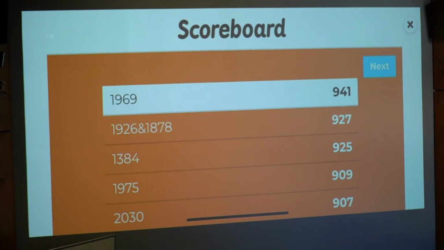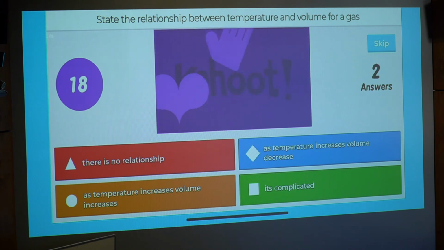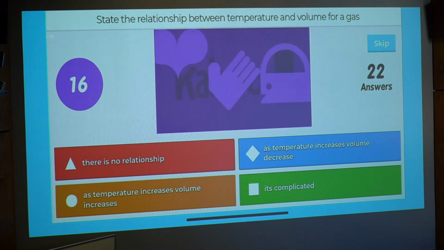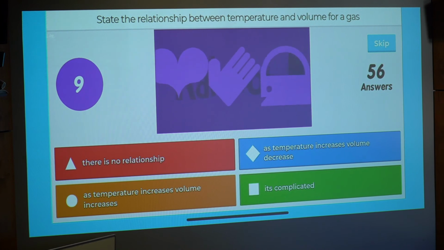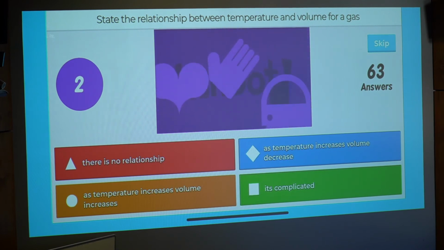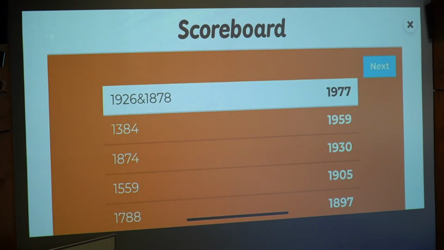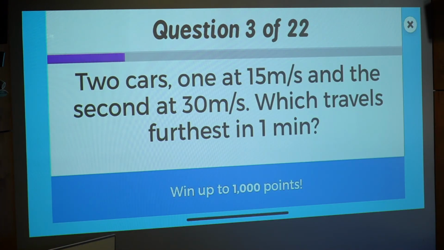Most of you remember that graph. Come on, you should get this one.